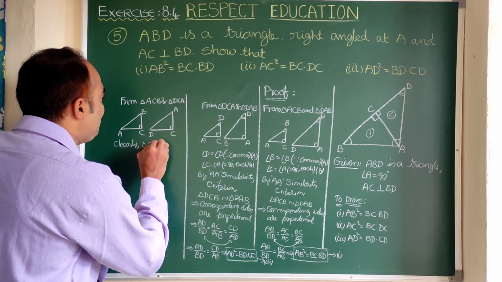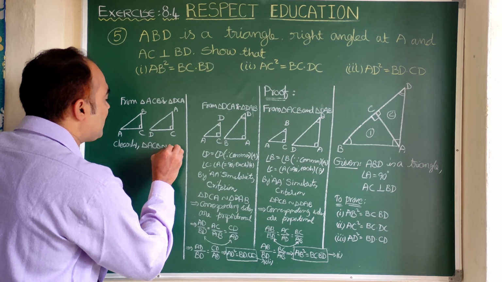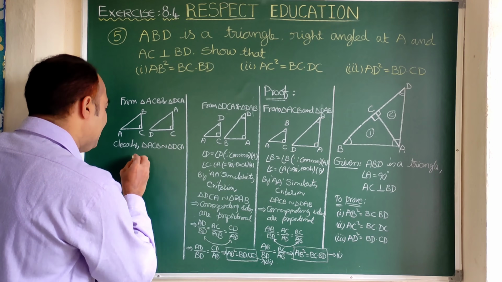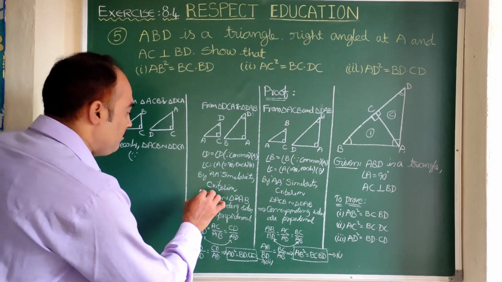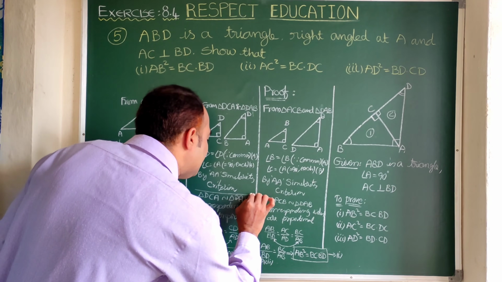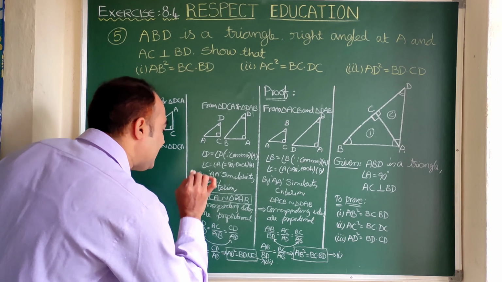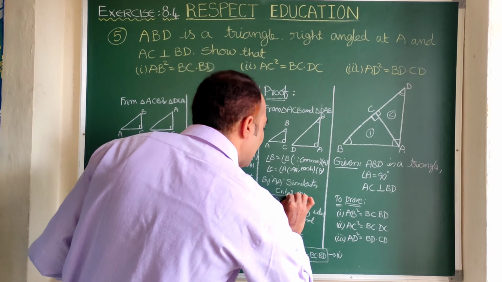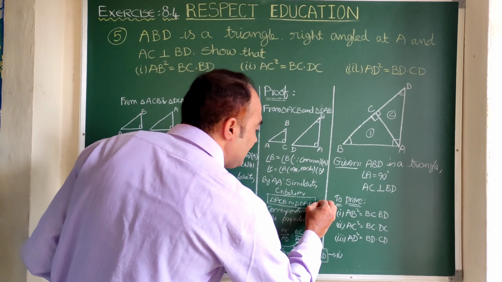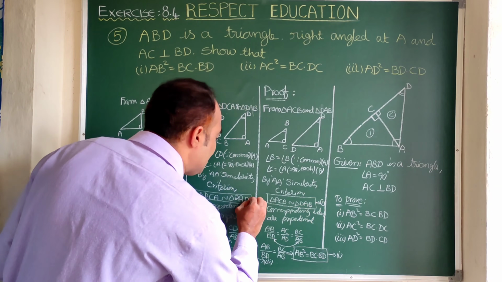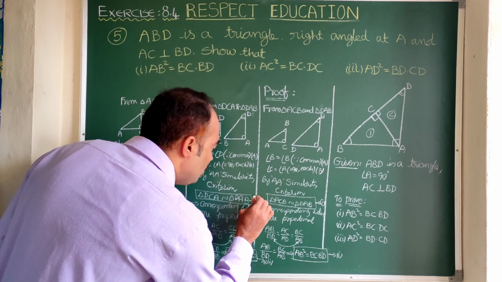Now here you can write that clearly, triangle ACB is similar to triangle DCA. Since DCA is similar to the father triangle, the whole triangle, ACB is also similar to the whole triangle. So you can take this as equation number 1, this as equation number 2.